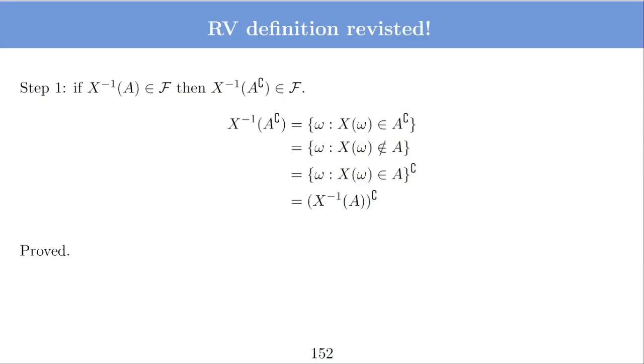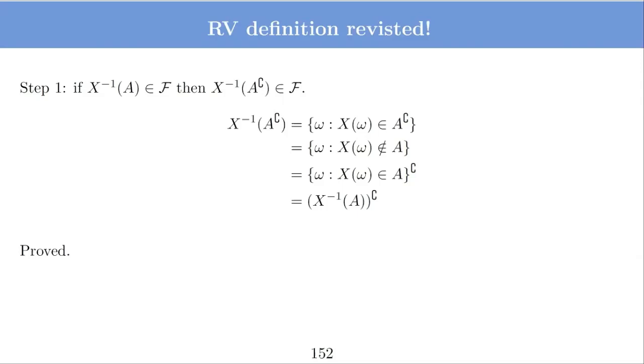So X inverse of A complement is made from all outcomes which map to this set. So formally we can say X inverse of A complement is the set of all omega such that X of omega is a member of A complement. Okay, and if X of omega is a member of A complement, it means X of omega is not a member of A, because A and A complement are disjoint.